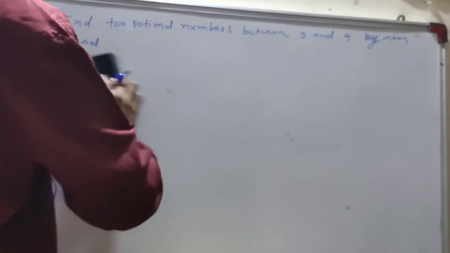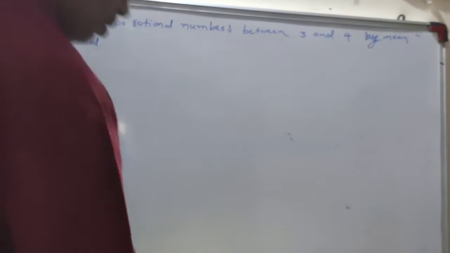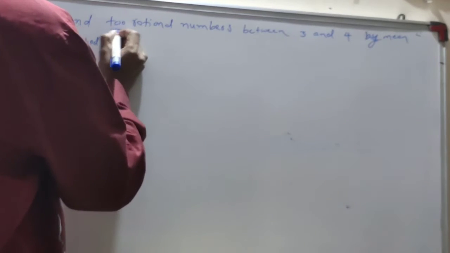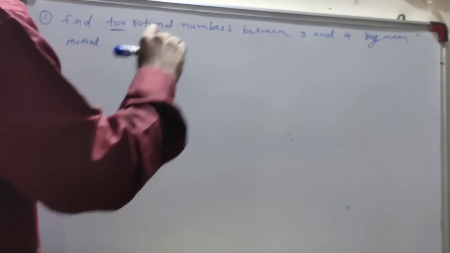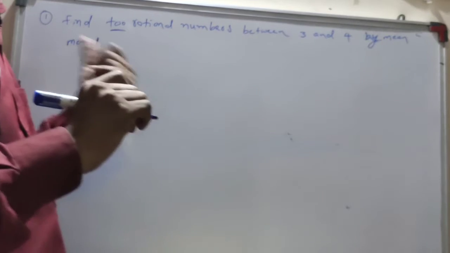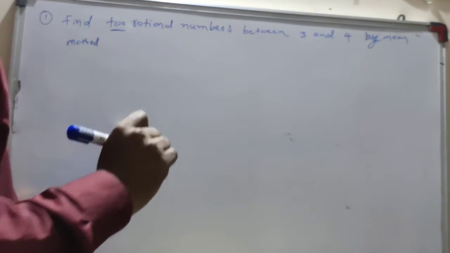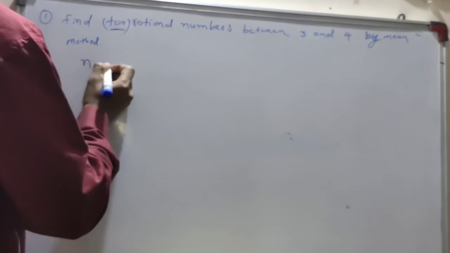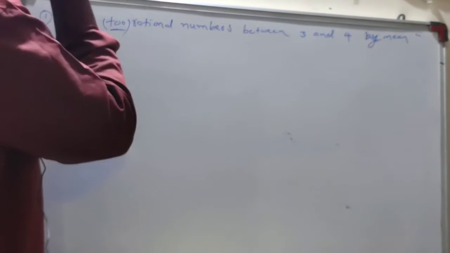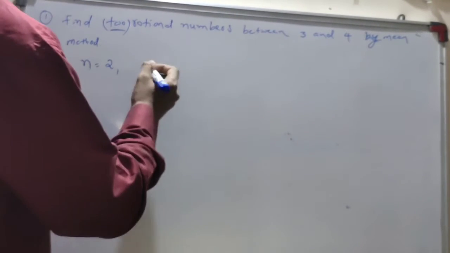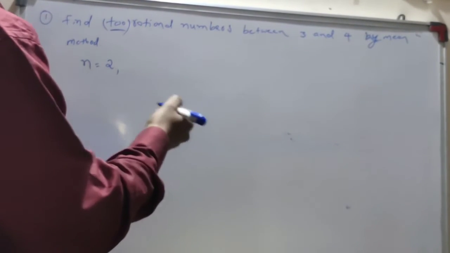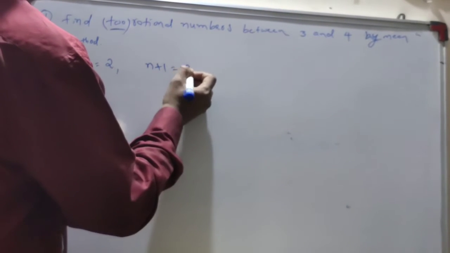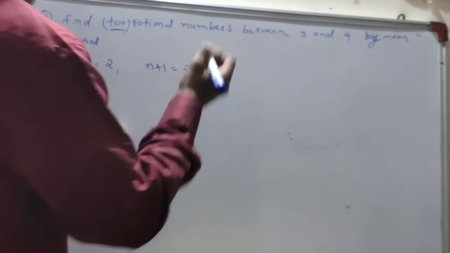To do that, just observe how many rational numbers we have to write between 3 and 4. Here we have to write two rational numbers. So let n be equal to 2. To get the one step method rational numbers, just add 1 to this, that is n plus 1. 2 plus 1 is equal to 3.